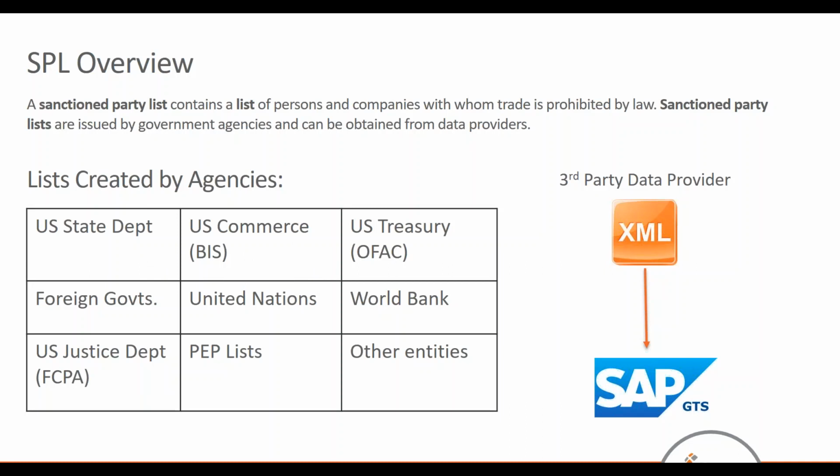There are different data providers available globally who provide the list in a SAP-ready format. They provide the list in XML format, and there are standard interfaces in SAP where you can directly upload such a list.